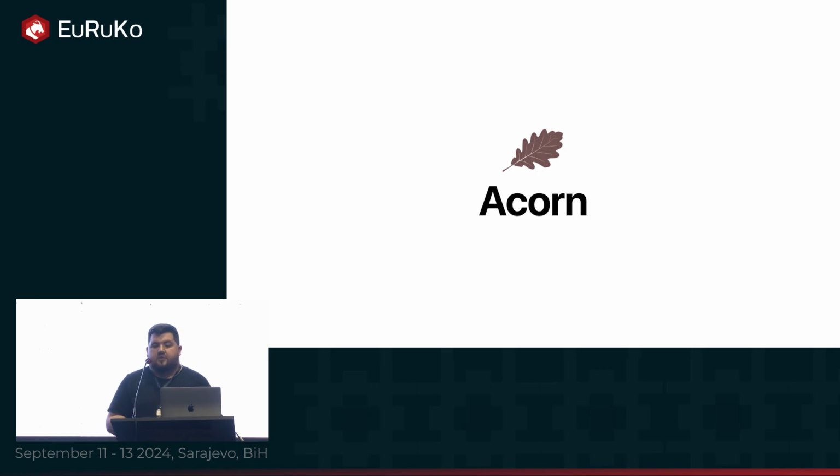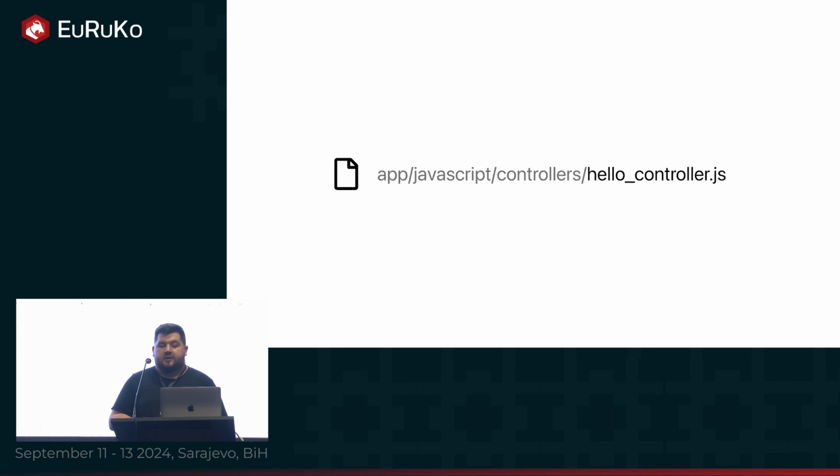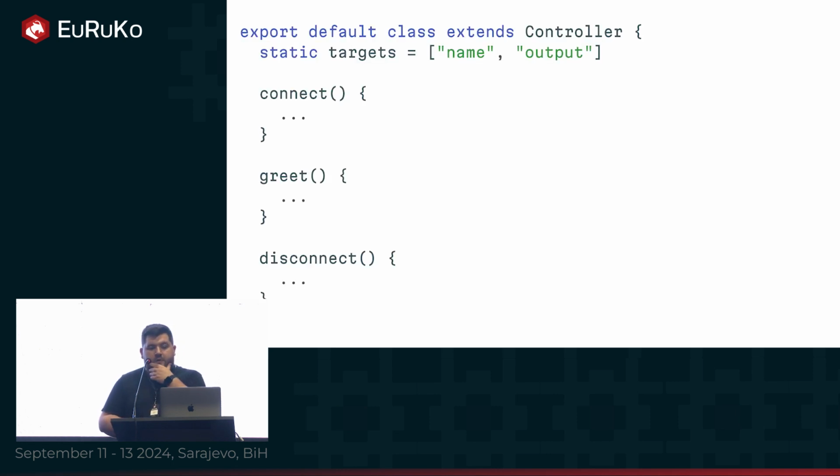And we're going to use Acorn, a JavaScript parser, for parsing our JavaScript files. And what we do is we implement the new parser class. We implement a parse controller method, which takes in the whole file content and the path of where this file is. And if you look at an example controller here, this hello controller, we have this controller here.